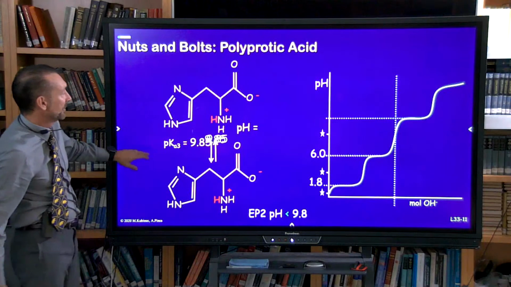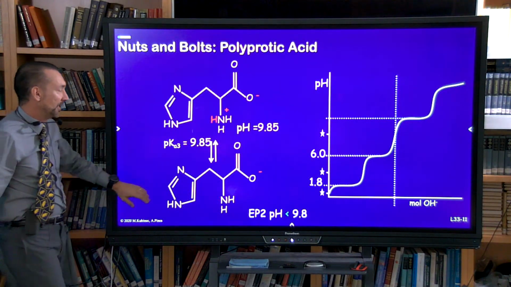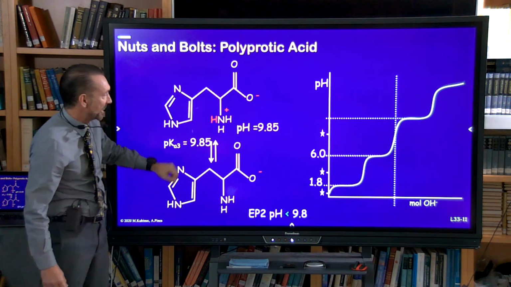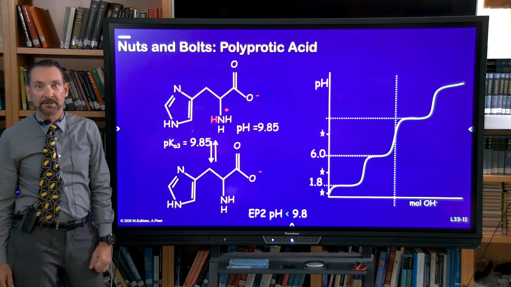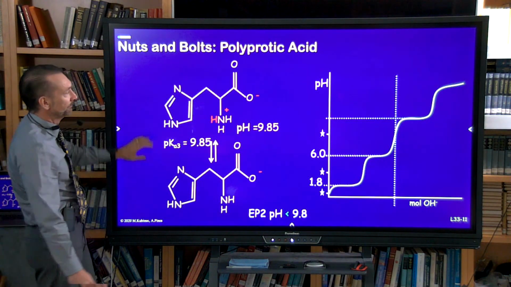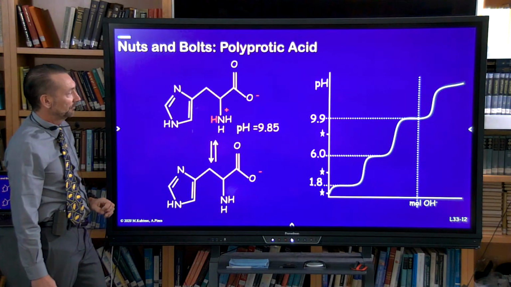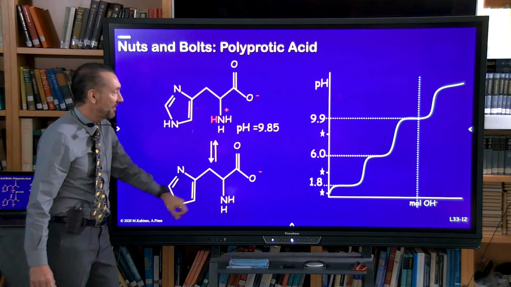So you put that 9.85 is the pH now at that point, and the equilibrium is between protonated and deprotonated, half of this and half of this at that pH. So there you are, half equivalence of this titration, half of this and half of this.